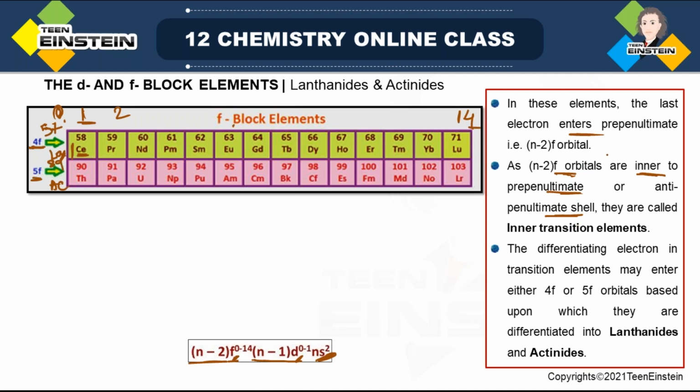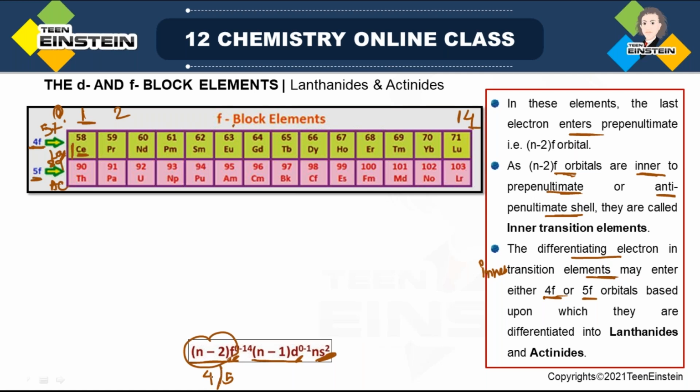So remember, this pre-penultimate shell is also known as anti-penultimate, and as they are placed in a very inner position, that is why the name is inner transition elements. Here the differentiating electron in transition elements may enter either 4f or 5f. So this n-2 may be 4 or it may be 5.